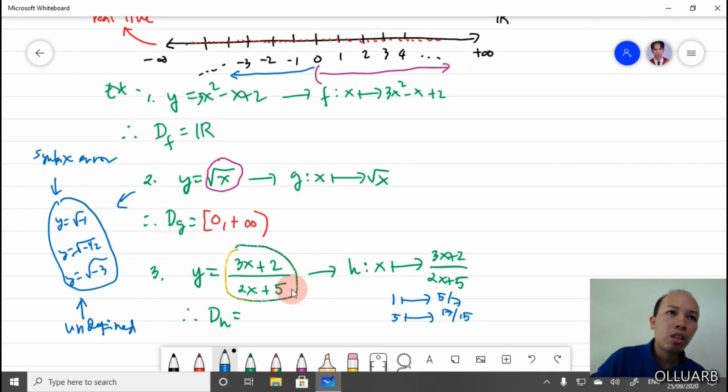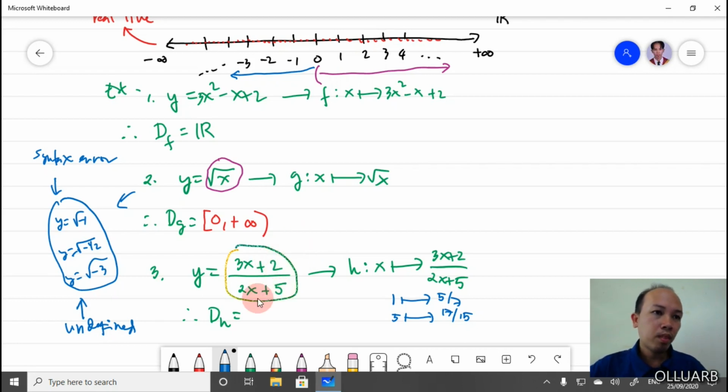And as you have noticed here, all the values here, including fractions, including non-terminating decimals on the right hand side of 0, all values of x on the right hand side of 0 are always well defined. And also on the left hand side, you may notice that it is also in that way.